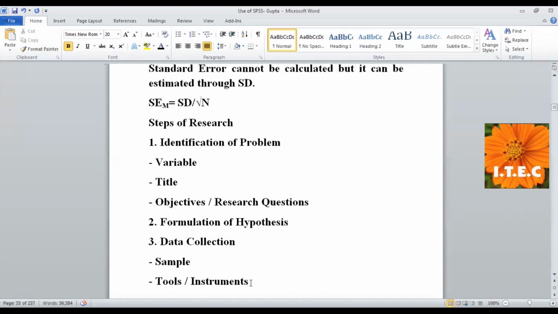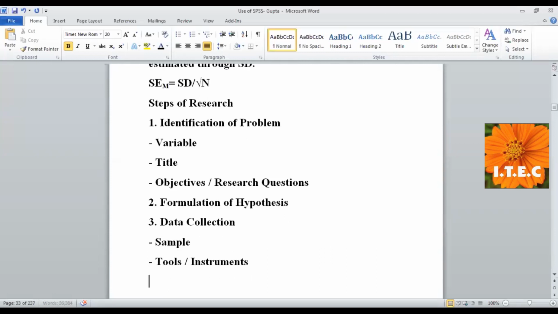So therefore, the quality of the data depends on the quality of tool or instrument.